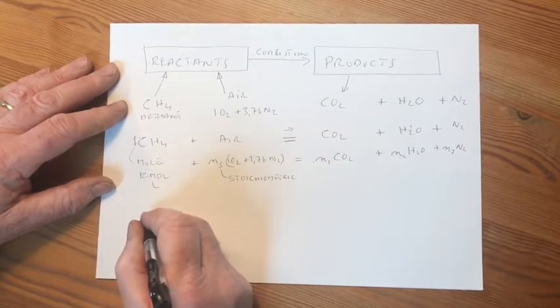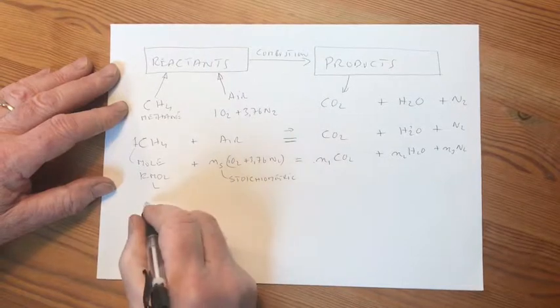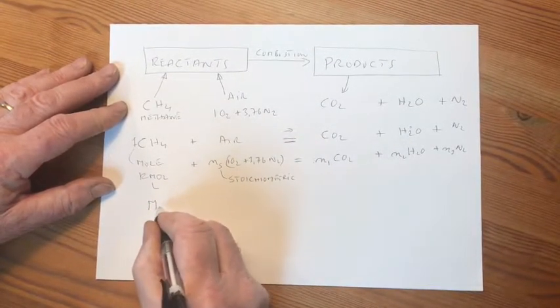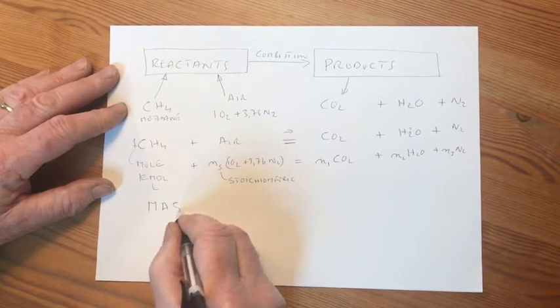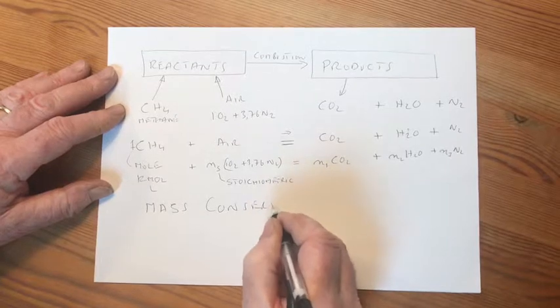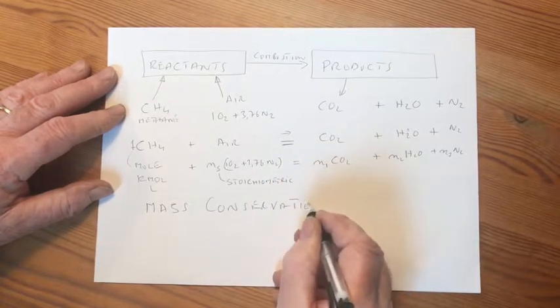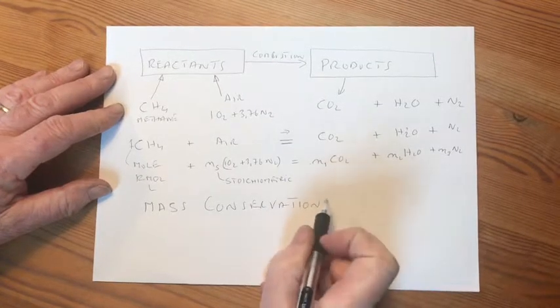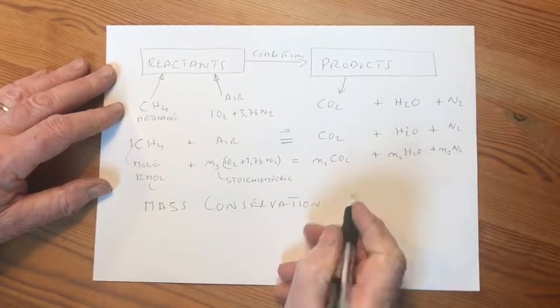So what we're going to use to find these coefficients is the law of mass conservation. Which simply says that mass is not generated and doesn't disappear.